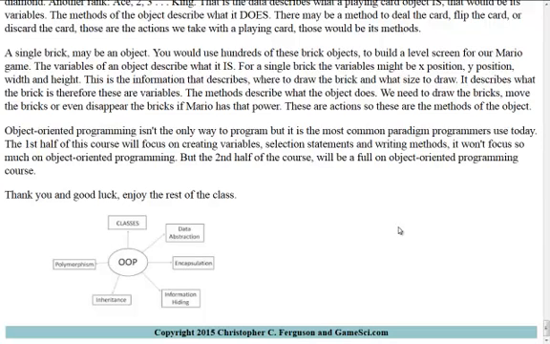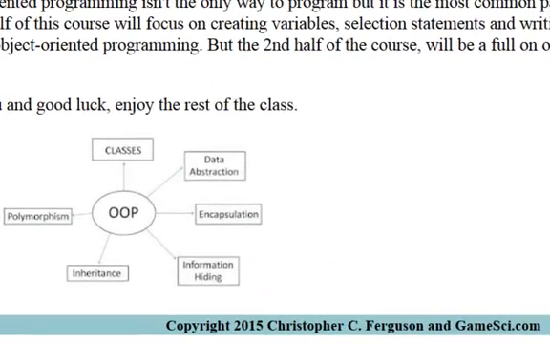It describes what the brick is, therefore these are variables. The methods describe what the object does. We need to draw bricks, move bricks, or even disappear the bricks if Mario has that power. These are the actions, so those are the methods of the object.